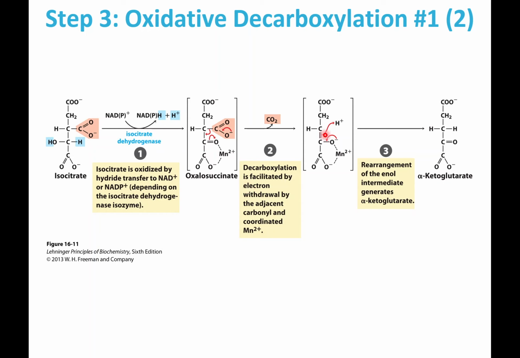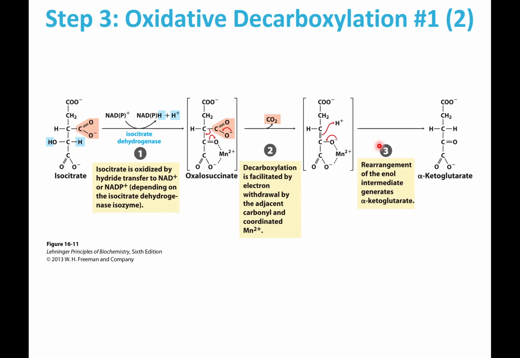That happens, and you get an enol intermediate, which then can be rearranged to form what's known as alpha-ketoglutarate. So this is step 3, the first oxidative decarboxylation catalyzed by the enzyme isocitrate dehydrogenase.